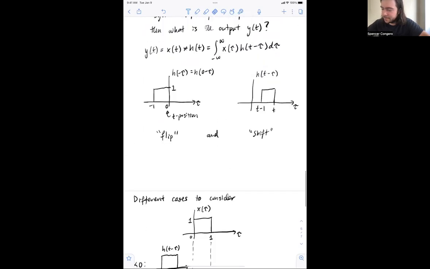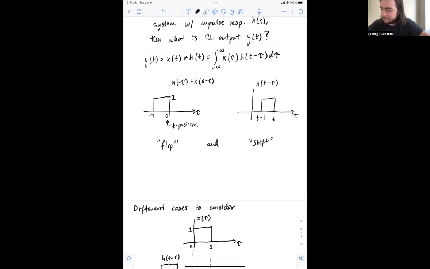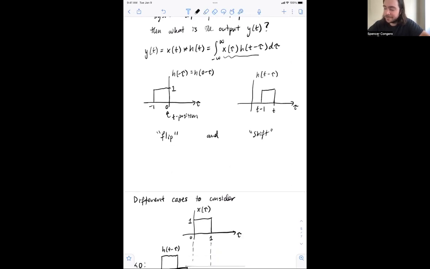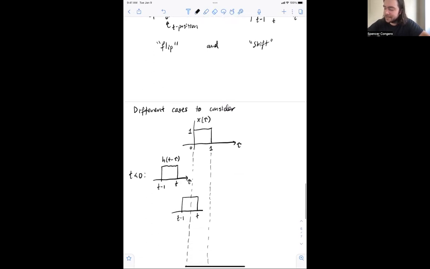So in this integral, when I multiply these two functions, I want to see where I get something non-zero that I have to integrate. That means both of those functions have to be non-zero. We can see here that the intersection of where both are non-zero is right there between 0 and t. So that's going to be this case.